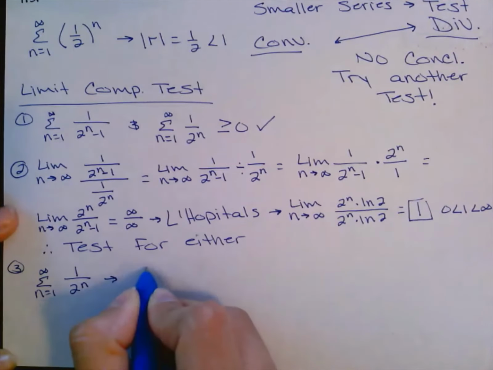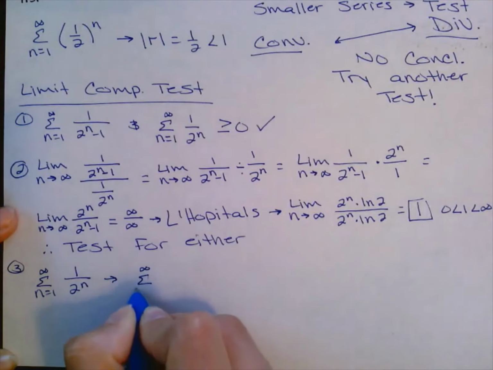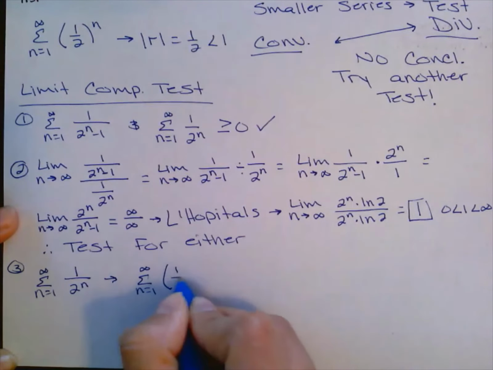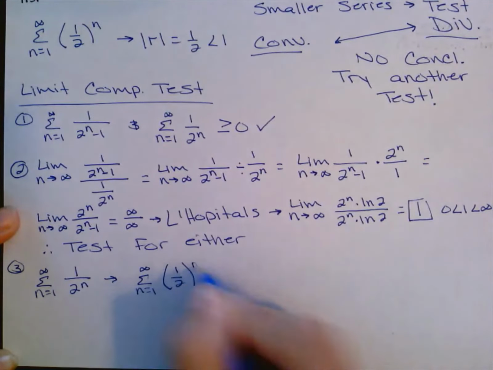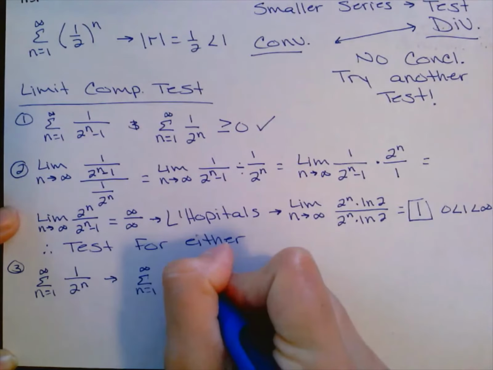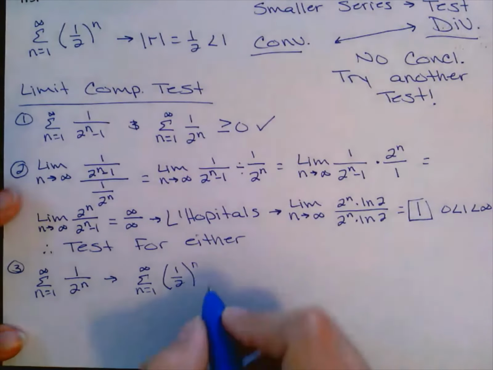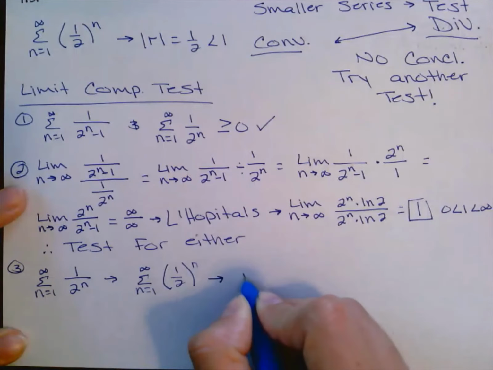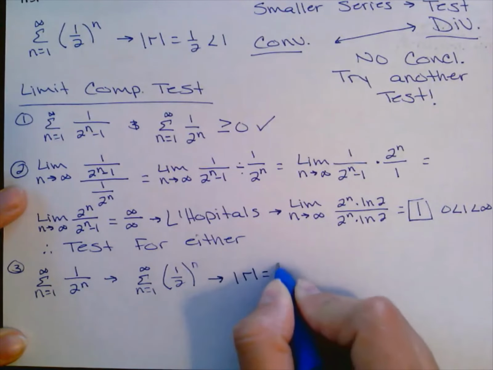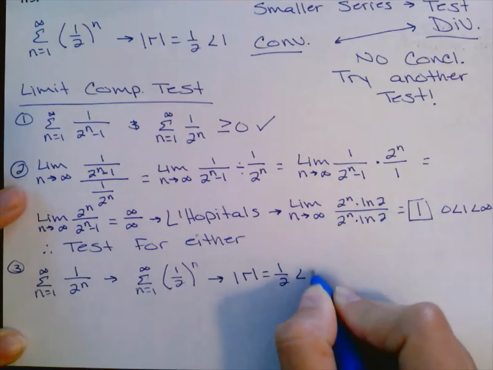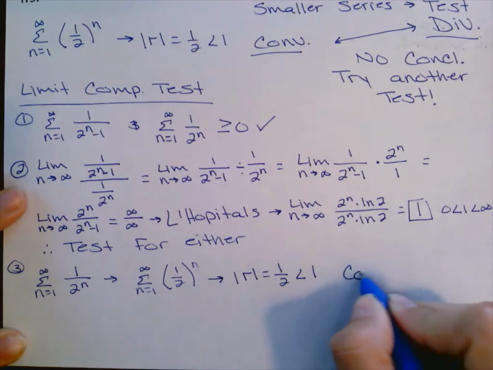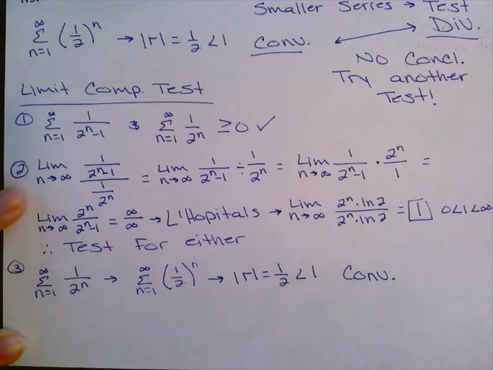I can rewrite that as half raised to n. And now I can clearly see the geometric series where the absolute value of r is half, which is less than 1, which converges. Okay? So I was allowed to test for either, and I got convergence.